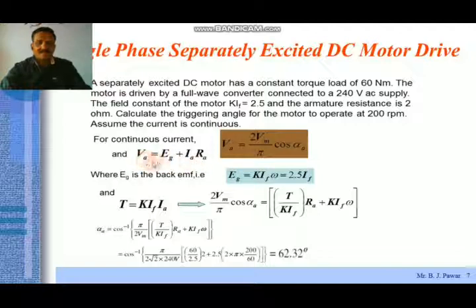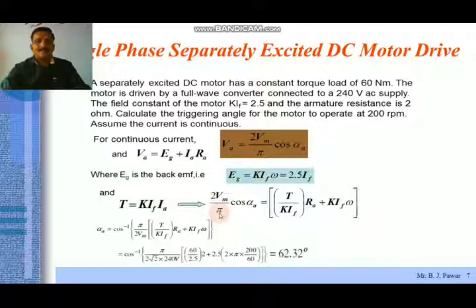And VA equals back EMF plus the drop across the armature resistance, that is IA into RA, where the back EMF equals K times IF into omega, where omega is the angular speed of the motor. The torque developed by the motor is again K times IF into IA.